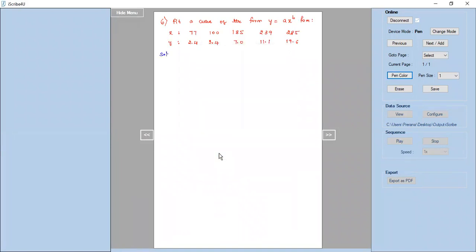So we will consider the given curve and take log on both sides first. Ax power b is the given curve. Taking natural logarithm, so log a plus log x power b, and we can write it down as log a plus b into log x by applying the natural logarithmic properties.